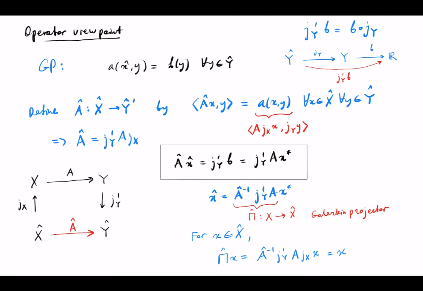So here, for example, this Jx is going to be sending x hat into x. This is just the injection operator.